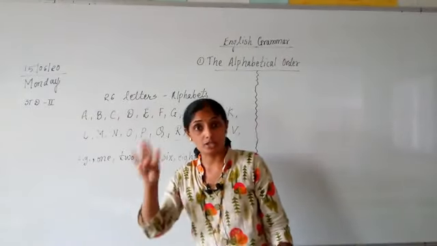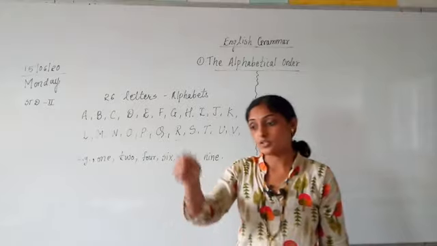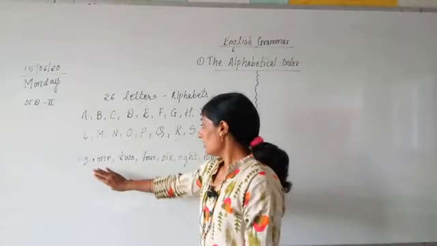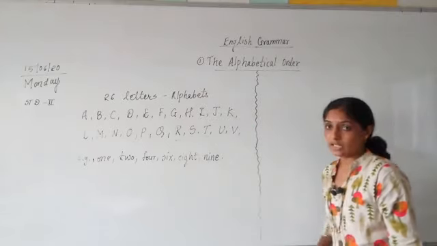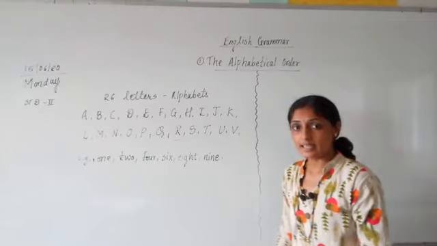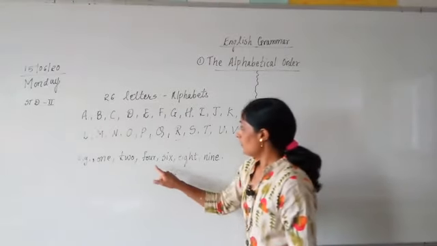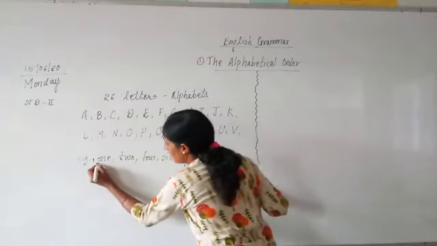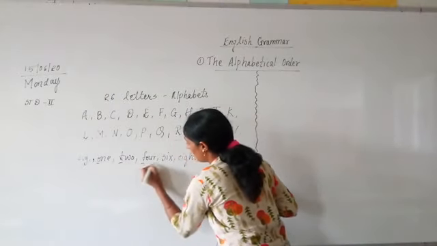So in first standard, in the grammar book, alphabetical order is there, correct? And if you want to write down all these words in alphabetical order, which word will come first? Only the starting letter you have to see.